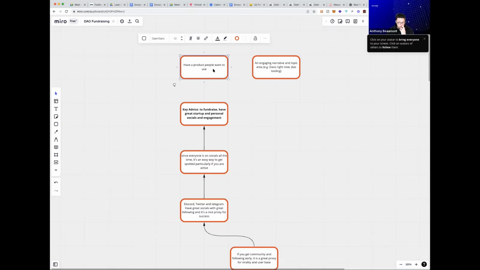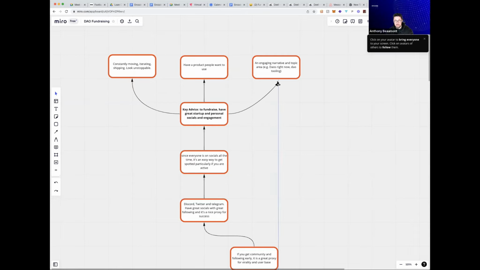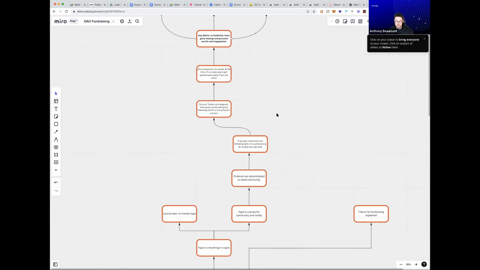That'd also be an engaging narrative. And the other thing, a key quality I often see, is to be constantly moving, iterating, shipping. Look unstoppable. These three things are extremely important for fundraising. This is the theory behind fundraising.